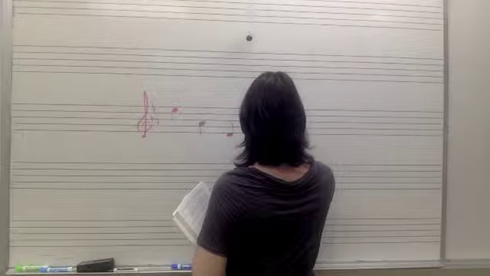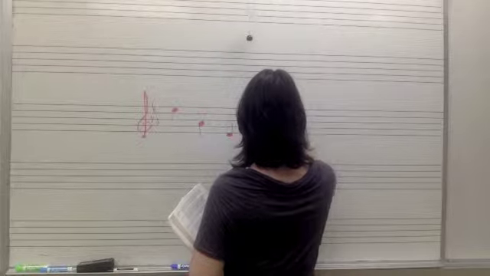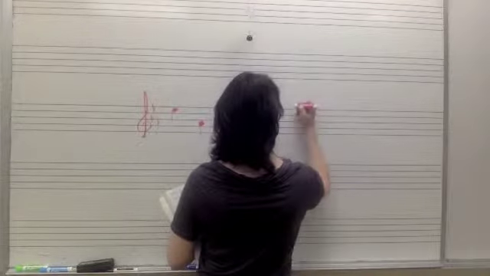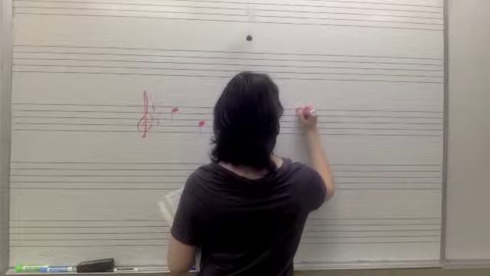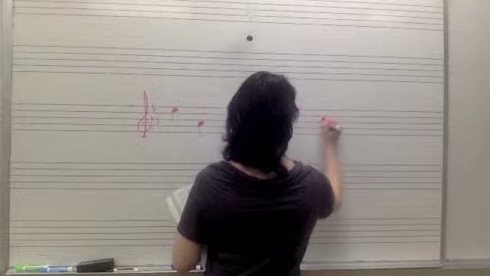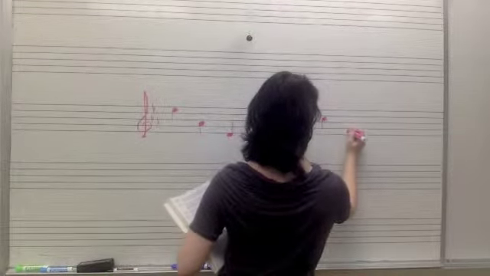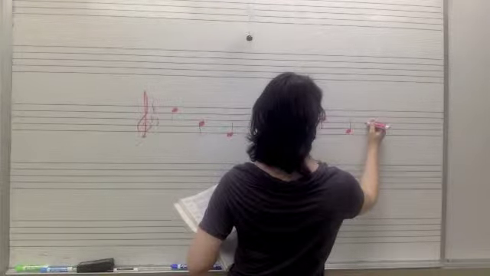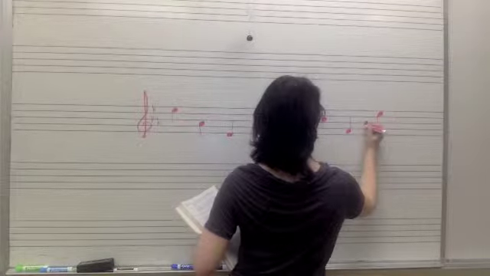And up a fourth. And you basically keep going until you get back to E. Up another fourth. Down a fifth. Down a fifth. Up a fourth. Up a fourth. We made it. I wasn't sure if we were.